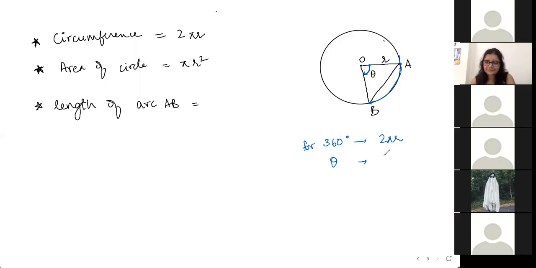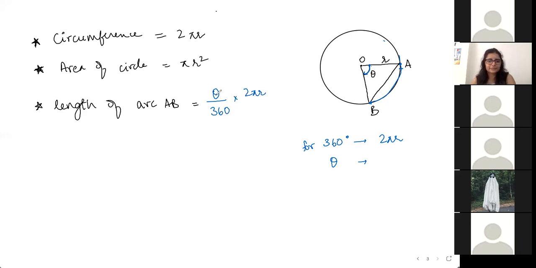You'll get 2 pi r upon 360. That is for 1 degree. For the full 360 degrees, the length is 2 pi r; for each degree, you get 2 pi r upon 360. So it is 2 pi r upon 360 into whatever the angle theta is. Correct. So the length of arc AB, rearranged, is theta upon 360 into 2 pi r.